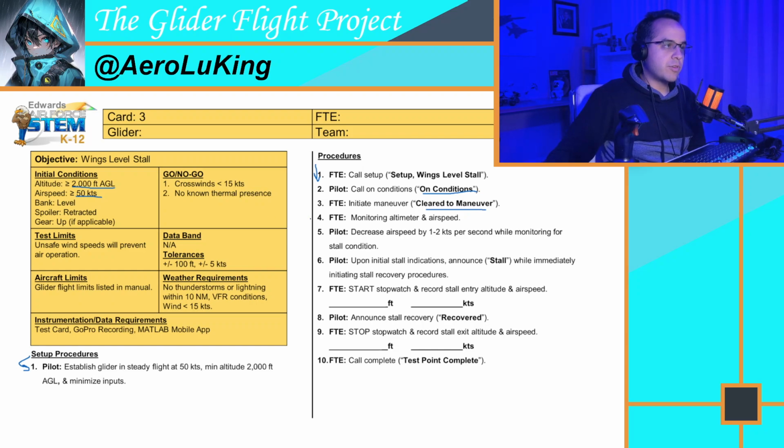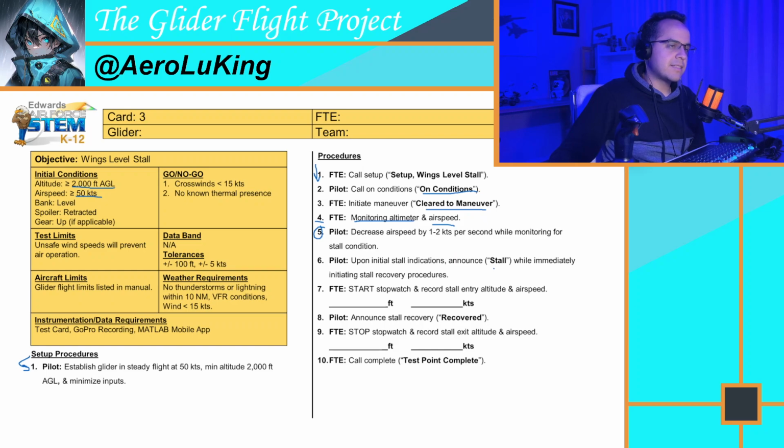Because step 4 says, once you say clear to maneuver, it's telling you to monitor the altitude and airspeed because you're going to be writing those down. It then gives the pilot a sense of how slowly they should slow down to make sure you stall.